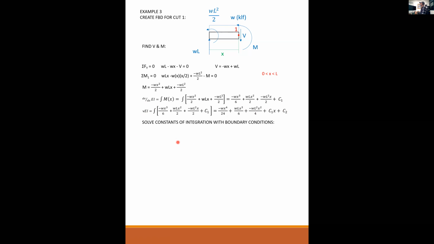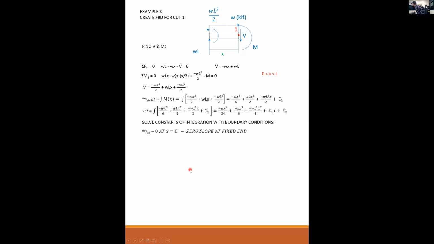So where on the span do we know something about the slope of the beam? It's 0 at the fixed support. Exactly right. The fixed support on the left-hand side fixes the beam, so the deflection is 0 and the slope is 0. That means at x equal to 0, dv dx has to equal 0.